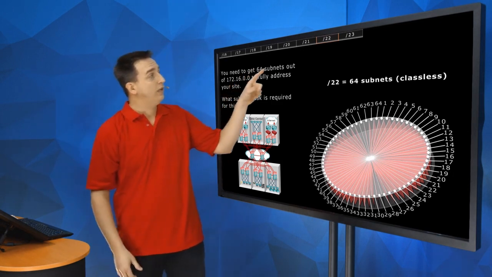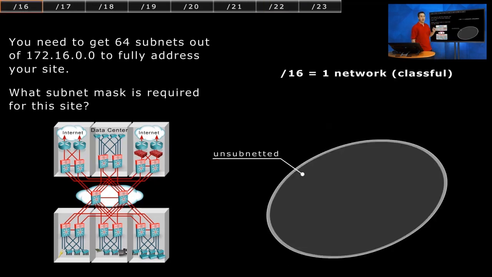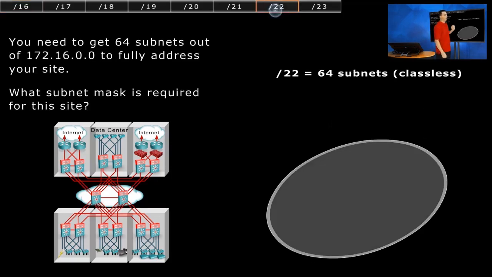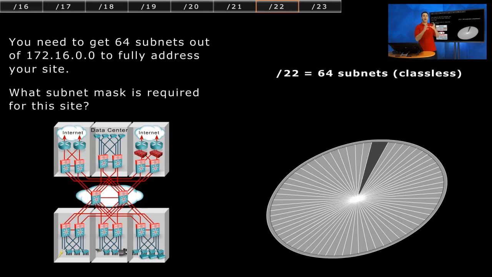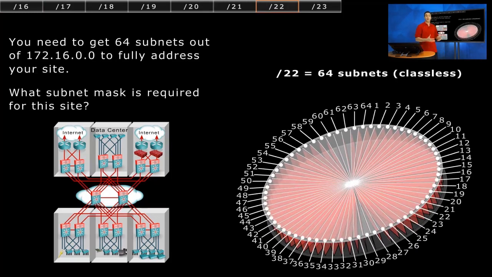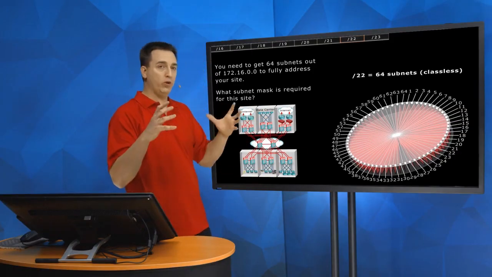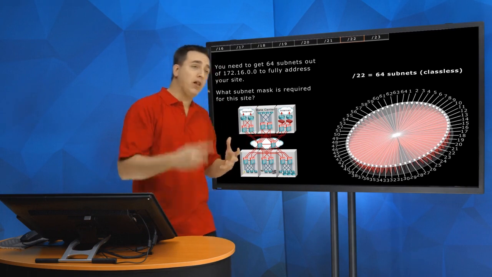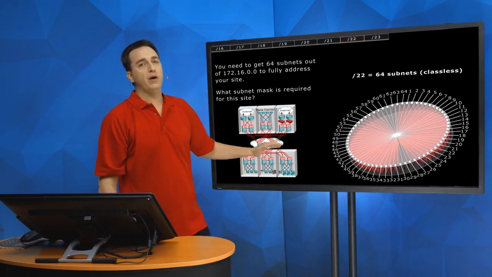I'm going to need a /22, because if I change my /16 that we started out with, which is one network, all the way down to a /22, that is going to give me 64 smaller networks that I can now deploy. So I can deploy various subnets, various networks now within that one larger network. So all these smaller ones, I can strategically deploy them throughout my network infrastructure.